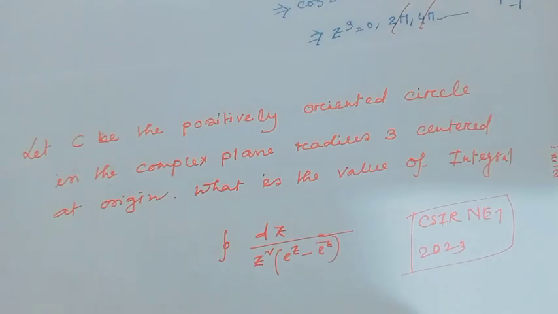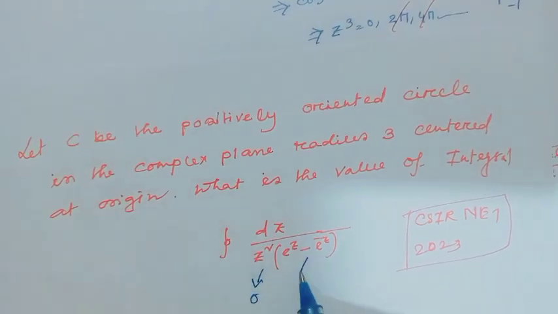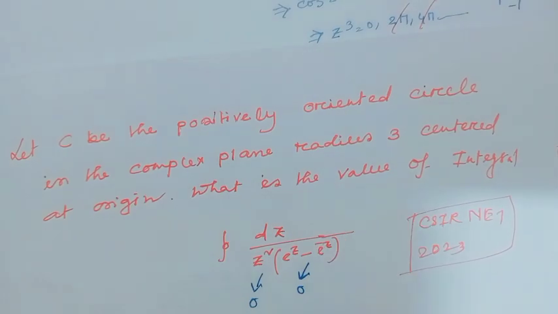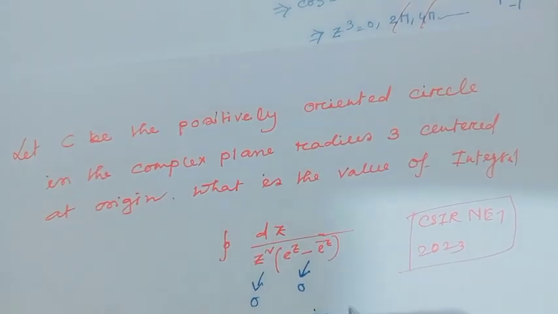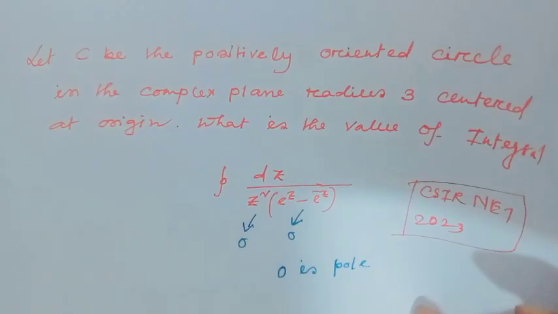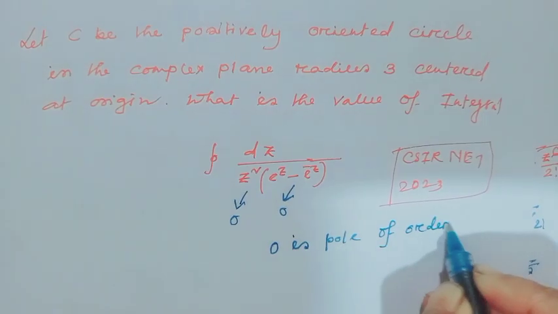Here notice, 0 is a pole of order 2, and here also 0. That means 0 is a pole of order 3.